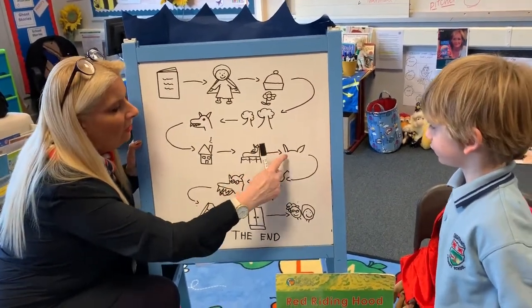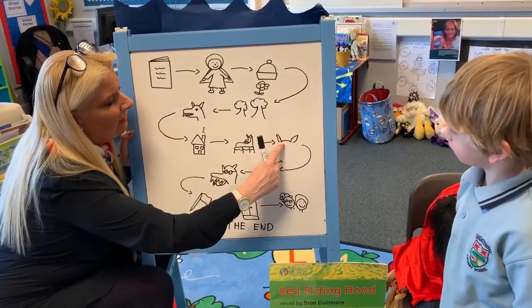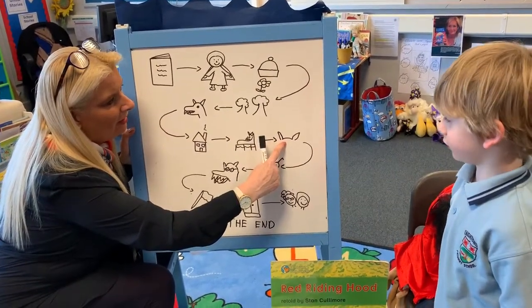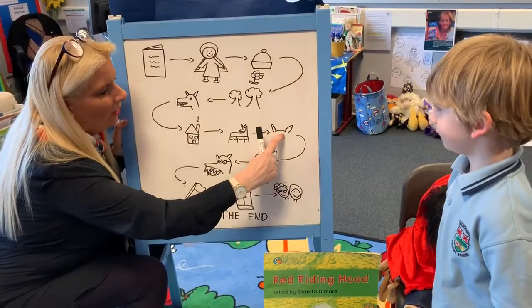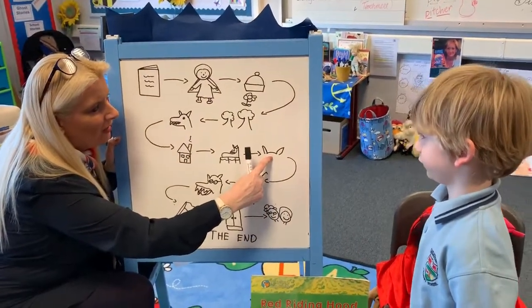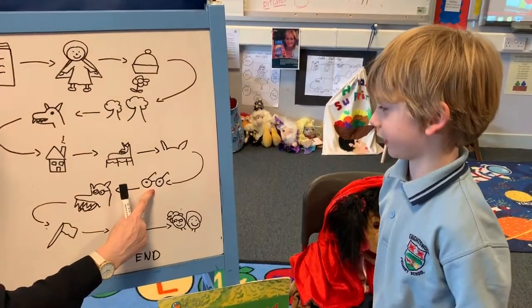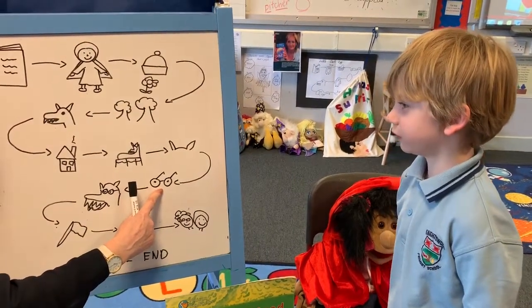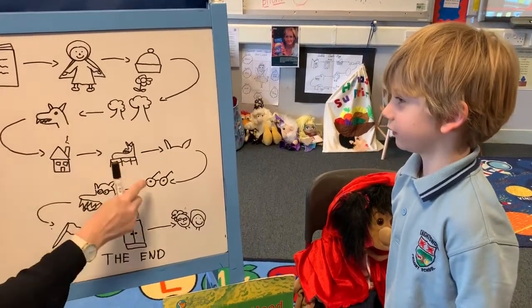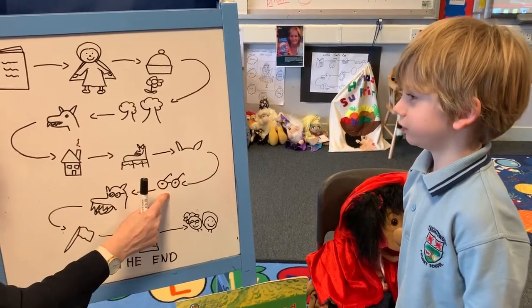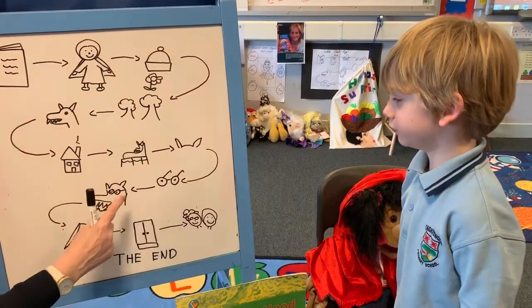And then Little Red Riding Hood comes and she said, what big ears you've got! All the better to hear you. What big eyes you've got, Granny! All the better to see you.